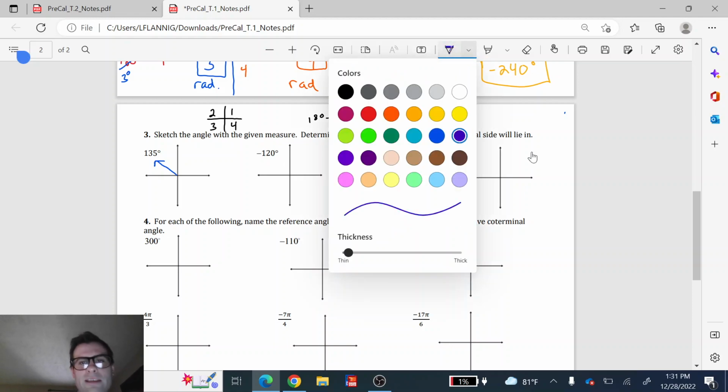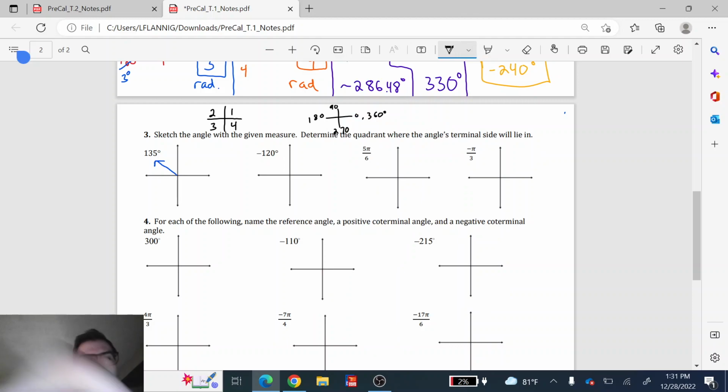The terminal angle, again, is the angle closest to the x-axis here, and we can see right here would be the terminal angle. We could say 180, because the whole thing is 180, and then subtract 135, and you would get a 45 degree angle. This would be a 45 degree angle right here. And we know that's in quadrant 2 from up here.